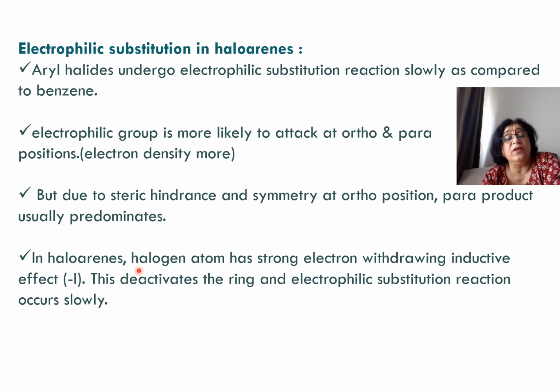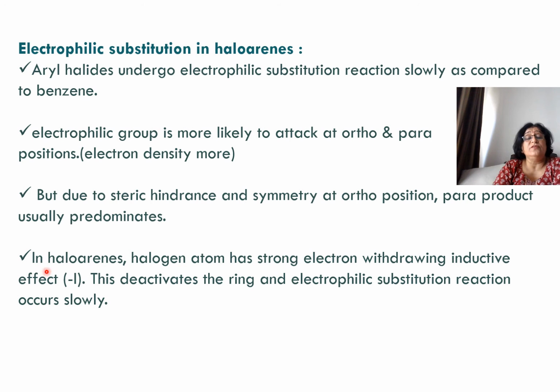Okay. Then in haloarenes, the halogen atom has the strong electron withdrawing group, the -I effect. This deactivates the ring and the electrophilic substitution reaction occurs slowly. That is what I was trying to explain you here. Okay, clear? So, how is the electrophilic substitution reaction in haloarenes? The haloarenes undergo electrophilic substitution reaction slowly.